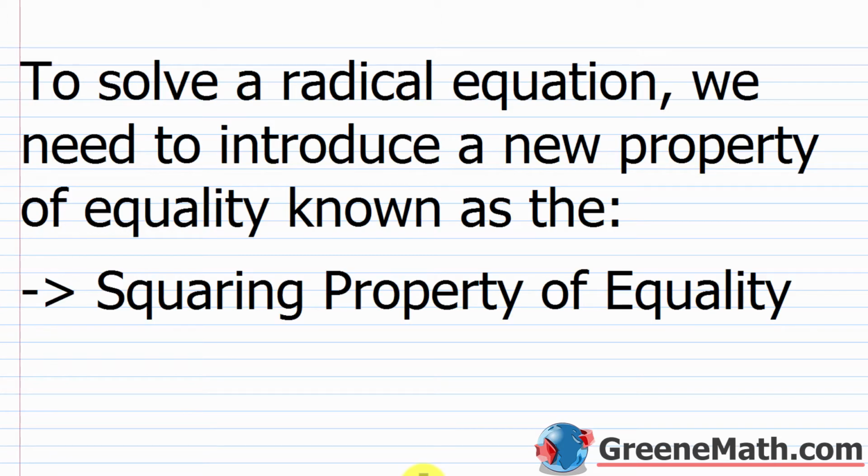All right, so in order to solve a radical equation, we need to introduce a new property of equality known as the squaring property of equality. We've also learned the addition property of equality and the multiplication property of equality. So this is just another tool in our chest to solve equations moving forward.